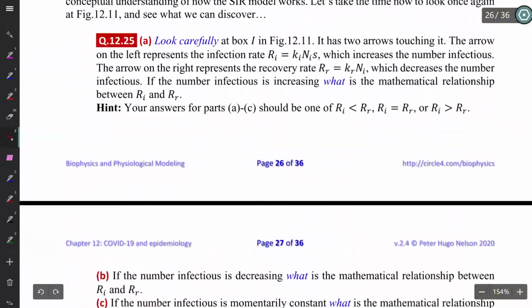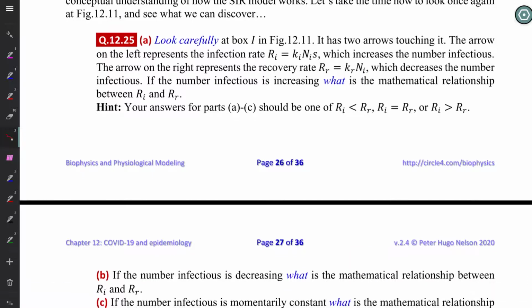Yeah, there we go. And it says we've got those two rates that we just talked about, and you have to say, if the number infectious, the number in box I, is increasing, what's the relationship between RI and RR? The answer should be one of these: less than, equal to, or greater than.